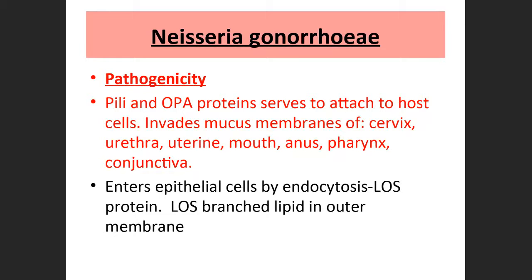Pathogenicity: the pili allow it to attach to the mucous cell membranes, and Opa proteins allow it to attach to the host. It invades mucous membranes, pretty much any mucous membranes, but Neisseria gonorrhoeae typically invades the urinary and reproductive tracts.